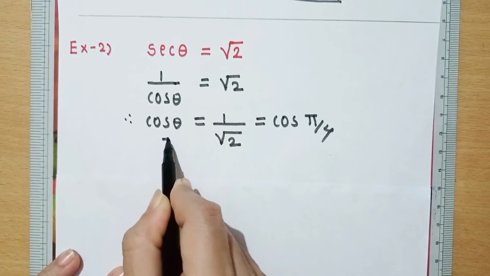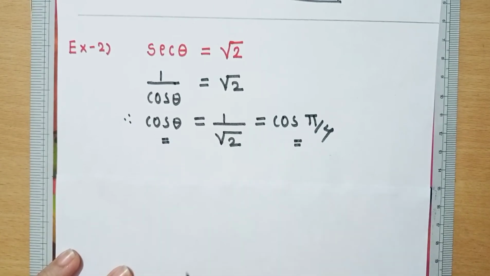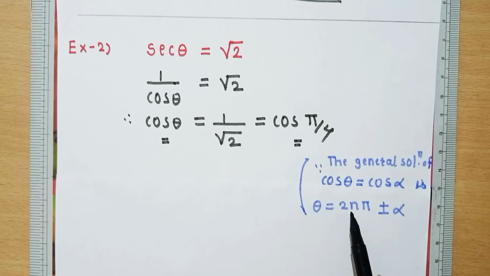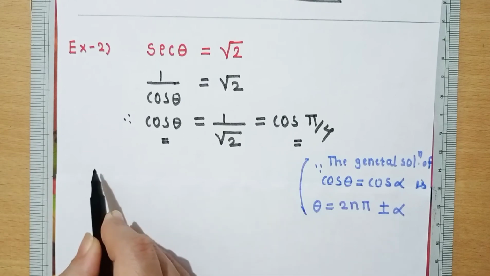So we can understand here this is in the form cos theta is equal to cos alpha, and we know the formula for that. Theta is equal to 2n pi plus minus alpha. We have this equation in this form.